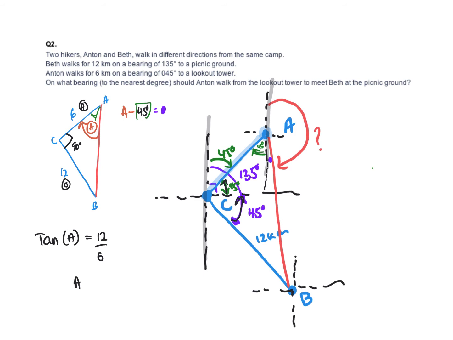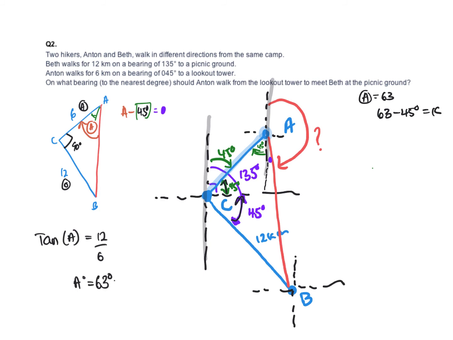So I get angle A to equal 63 degrees. So now I know A equals 63. So 63 minus the 45 would be 18.